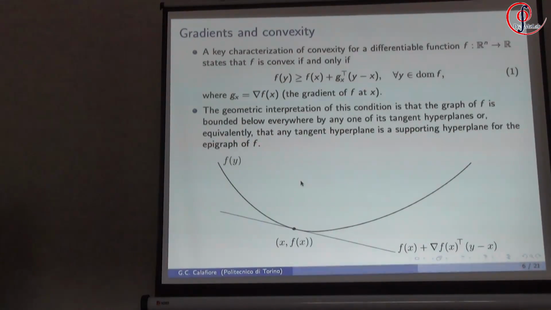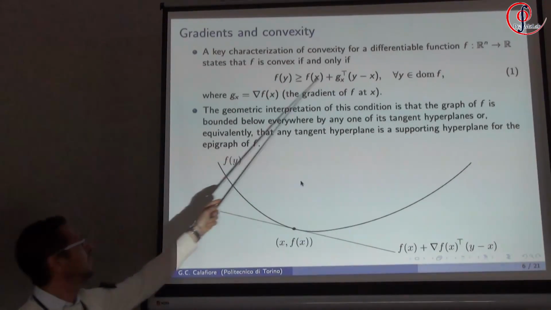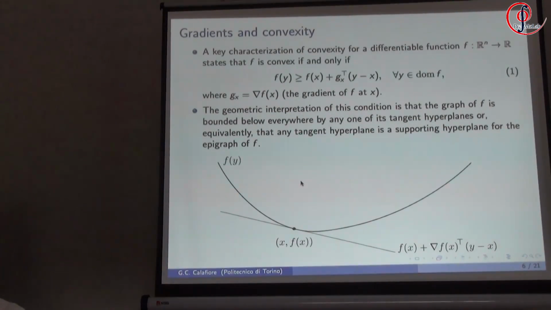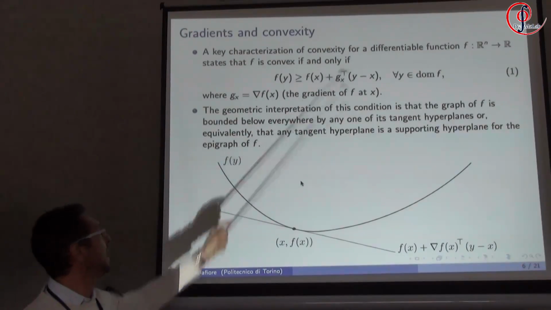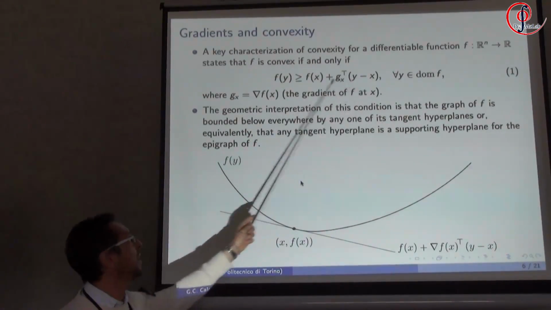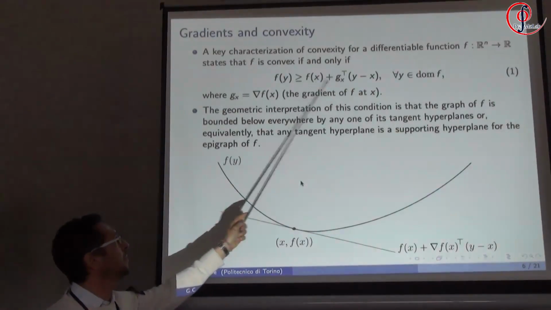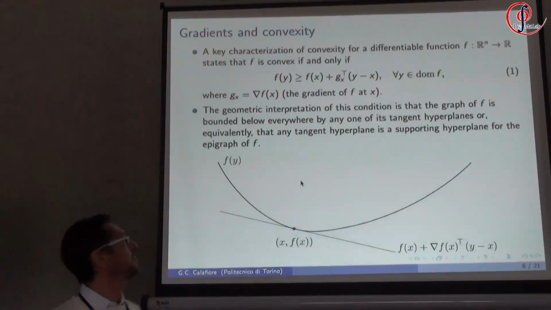And a key characterization of convexity for function f is that, if f is differentiable, then this fundamental inequality holds: the value of the function f at any point y in the domain is larger than essentially this linearized version of f, so f computed at x plus the gradient times y minus x.